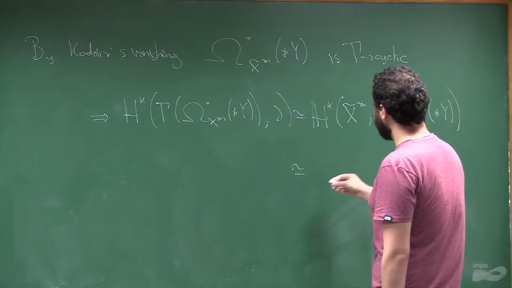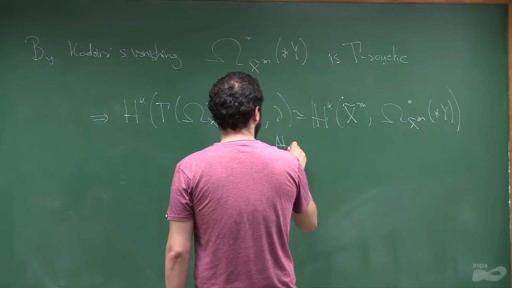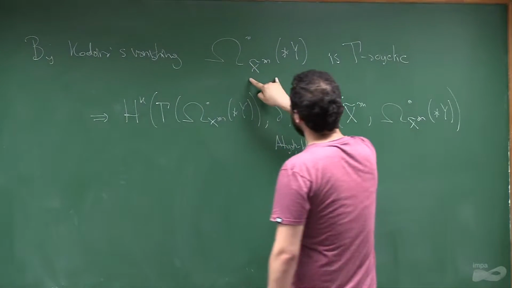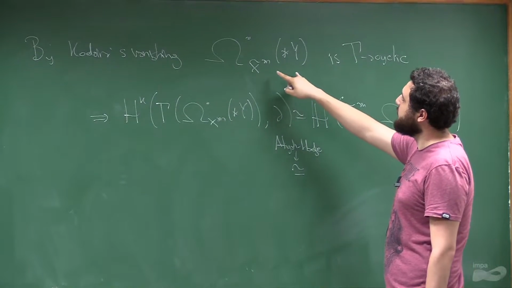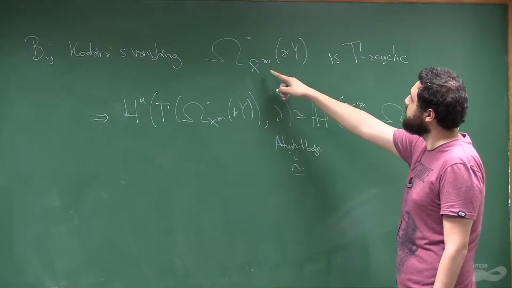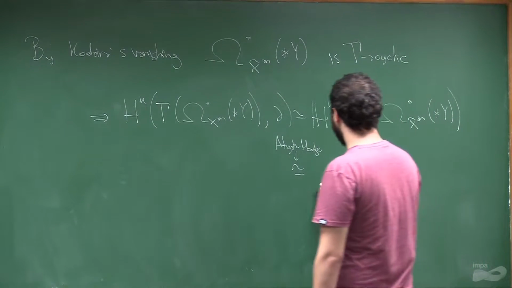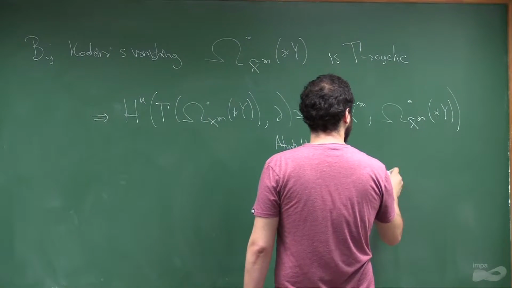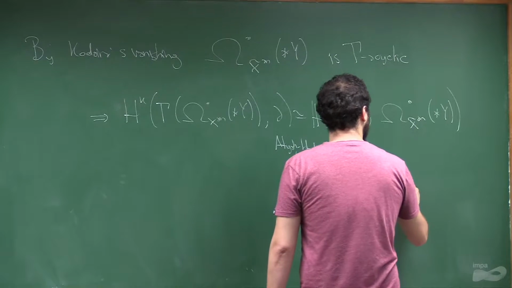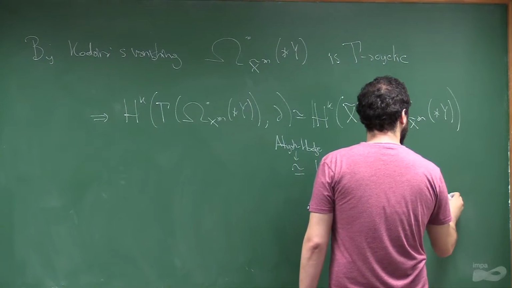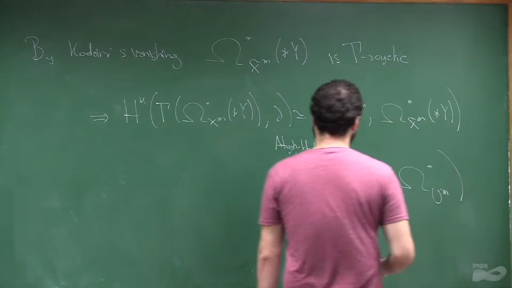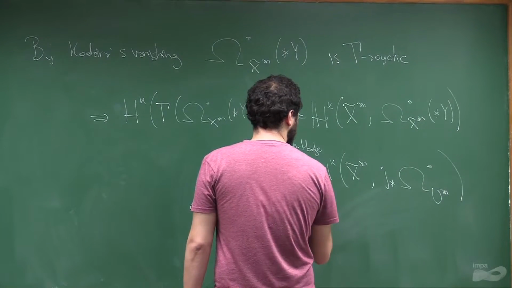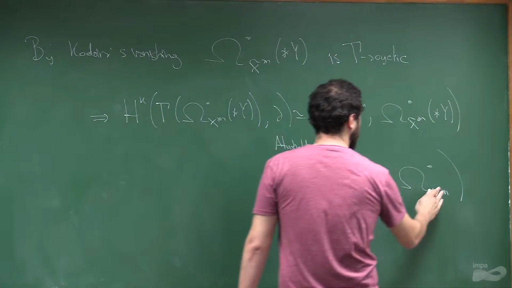So by Atiyah-Hodge, we prove that this complex is quasi-isomorphic to the complex of infinity differential forms over the complement of X tilde minus Y. So this is exactly the hypercohomology over X_n of j star of Omega_U^n.